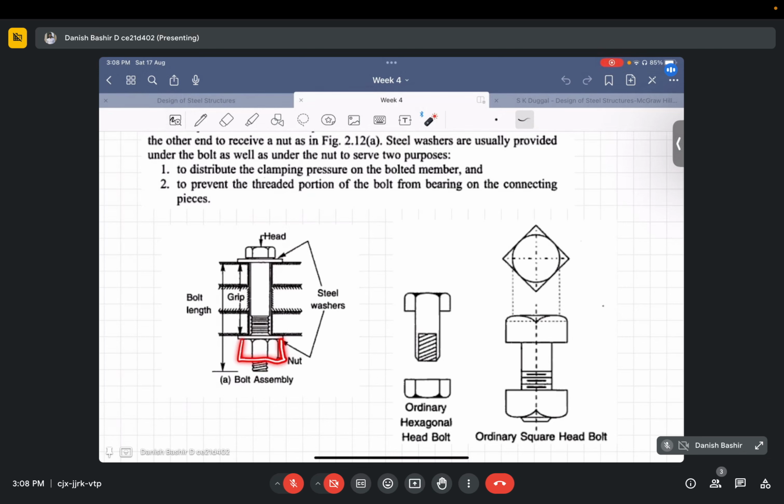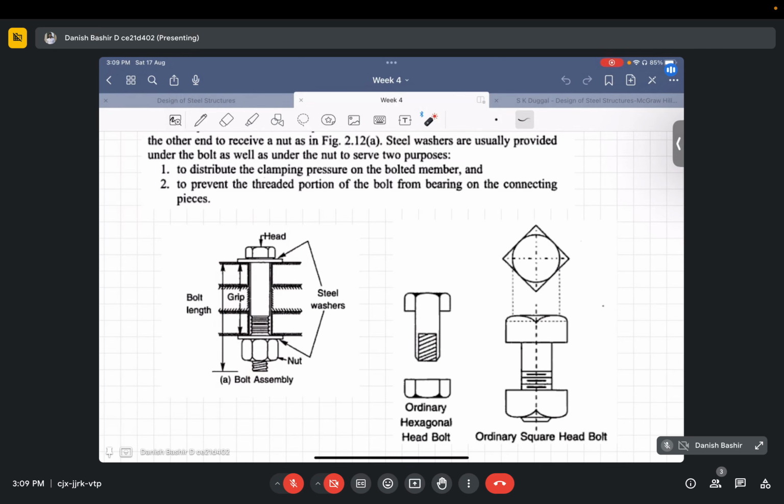Then we have the nut, and this is one washer and this is another washer. The whole length from the bottom side of the head to the end of the shank is known as the bolt length. The distance between the two washers, or from the bottom of the head to the top of the nut, we call the grip length.